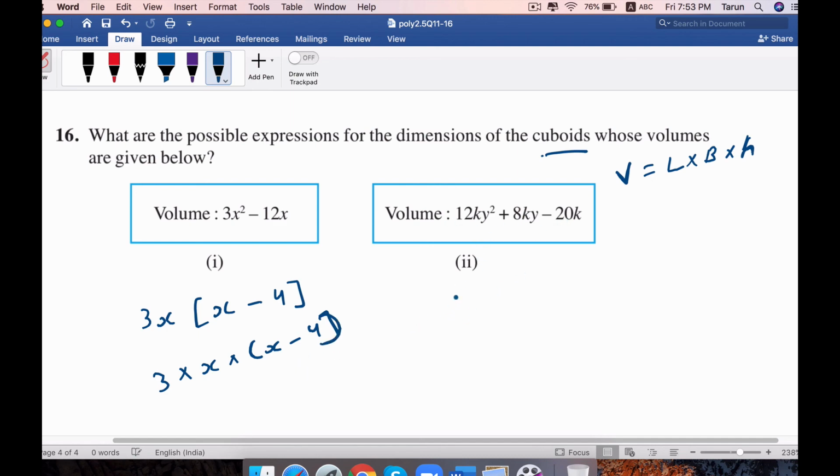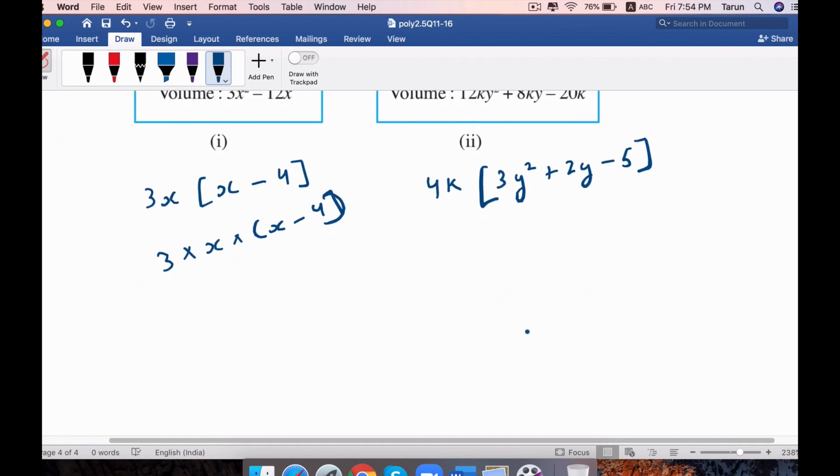Moving to the next part. Now in this I can clearly see that 4k is common, so I will take 4k common. I'm left with 3y square plus 2y minus 5. Now this can easily be factorized by splitting the middle term. So I can write it as 4k remaining as 4k, 3y square minus 3y plus 5y minus 5.